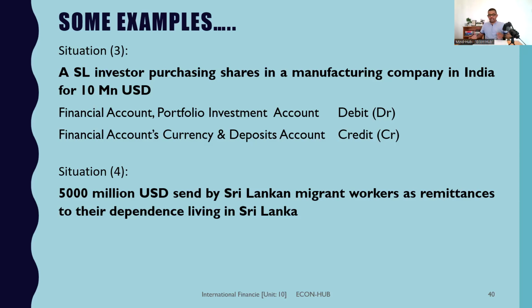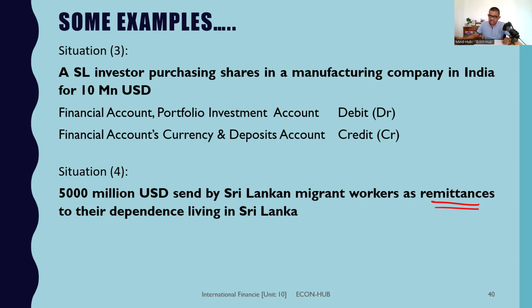Total 5,000 million, 5 billion US dollars sent back to Sri Lanka by Sri Lankans working abroad, migrant workers. As the technical term, you guys need to be familiar, remittances. What is the term? Remittances. So now what this means is there is an inflow of money.